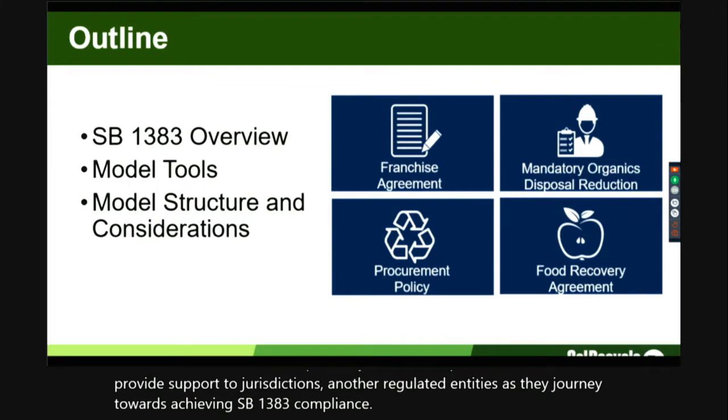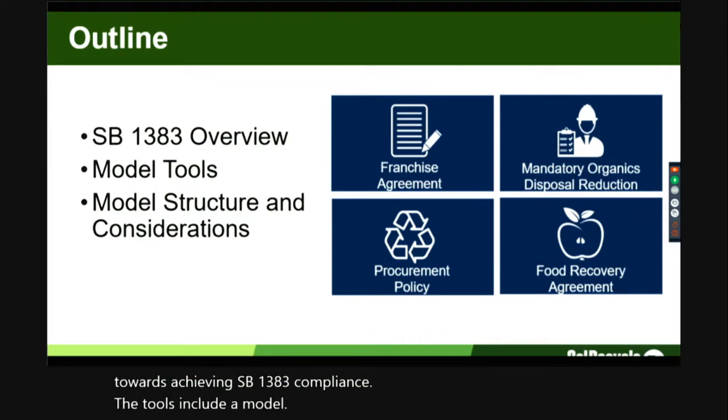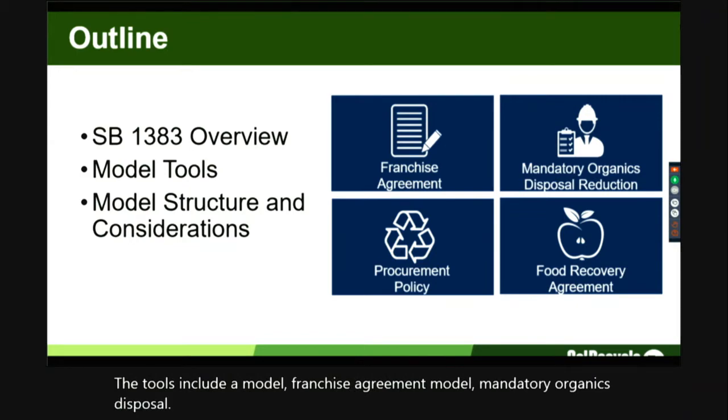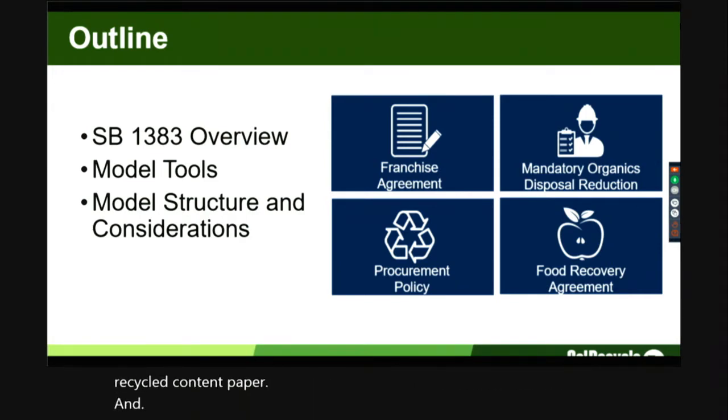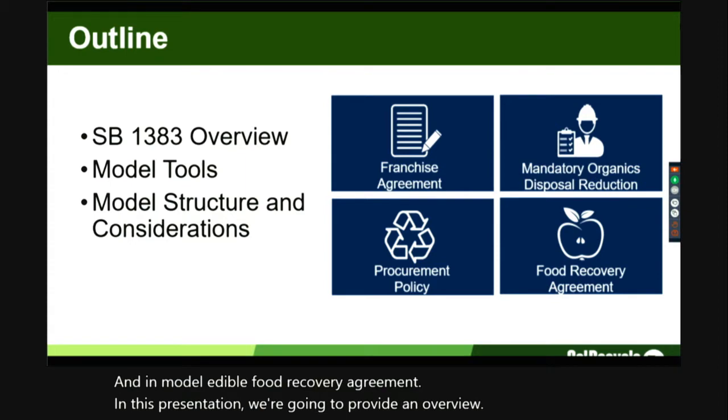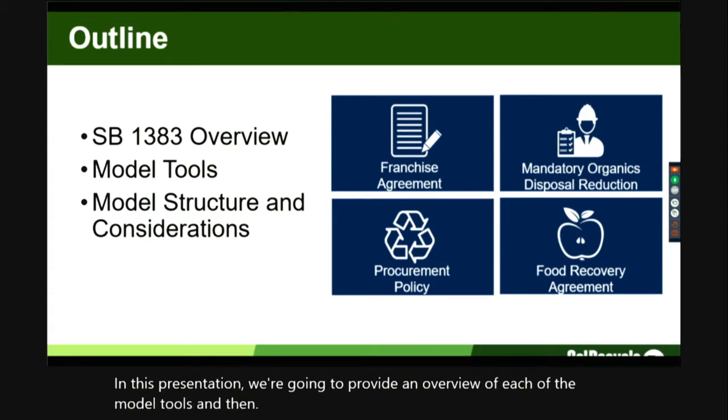The tools include a model franchise agreement, model mandatory organics disposal reduction ordinance, model organic waste product procurement policy for compost, mulch, renewable gas, energy from biomass, and recycled content paper, and a model edible food recovery agreement. In this presentation, we're going to provide an overview of each of the model tools, and then the other 4 presentations that are scheduled for this week go into detail about each of those.